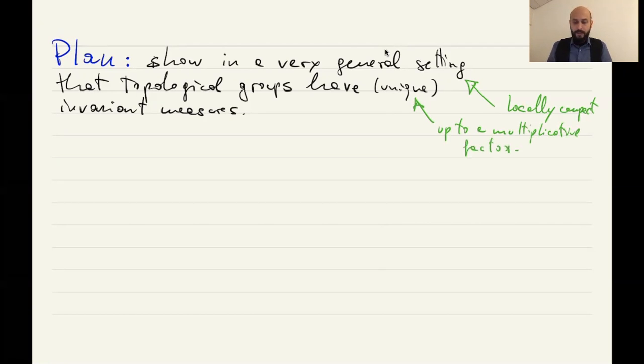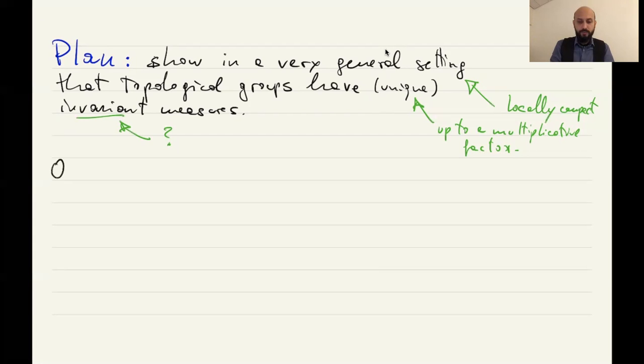And regarding invariance, we should pay attention because now we have two ways of translating a set: either we multiply on the right or on the left, and this is different. It might be different because the group is not commutative. So we'll go back to this point, what it means. But the example should be clear.